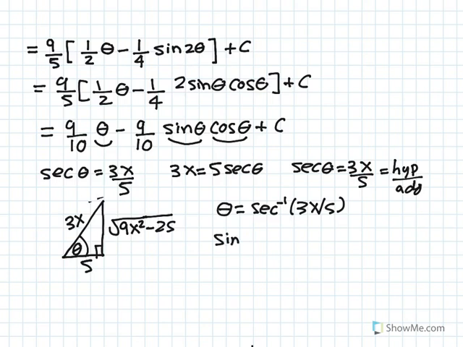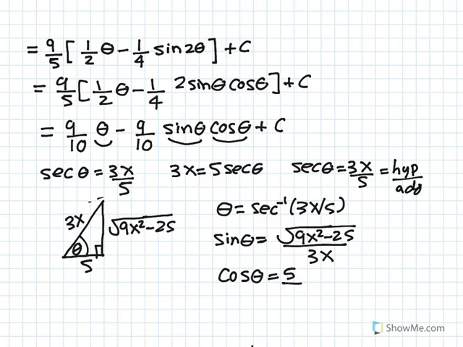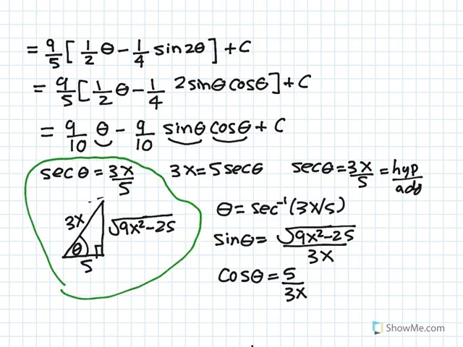Sine theta is opposite over hypotenuse, and looking at the triangle, that gives us root of 9x squared minus 25 divided by 3x. Let's look at cosine theta. That's equal to adjacent over hypotenuse, 5 over 3x. All right, so let's label this reference triangle. This is very important. It allows us to bring our answer back in terms of x.